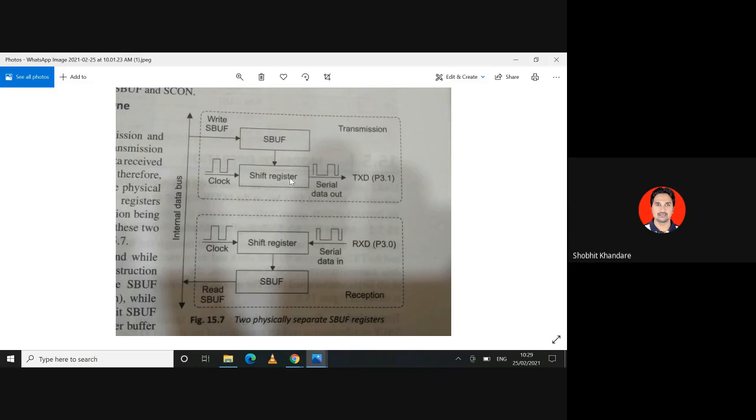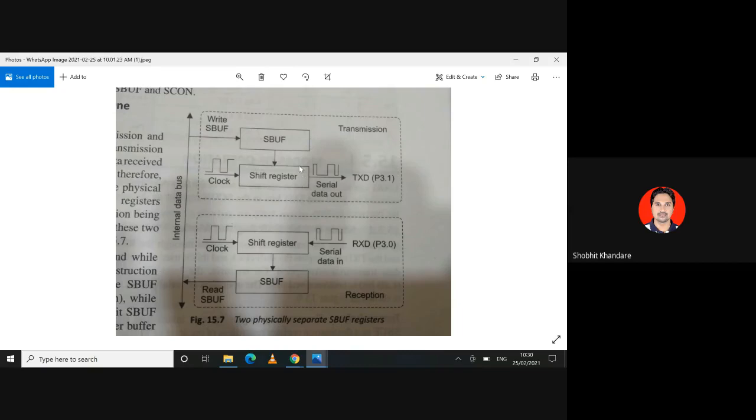The shift register's work is to shift one bit at a time. The first bit goes first, then the second bit, then the third, and so on until the 8th bit. That is how the bits are shifted through the shift register.